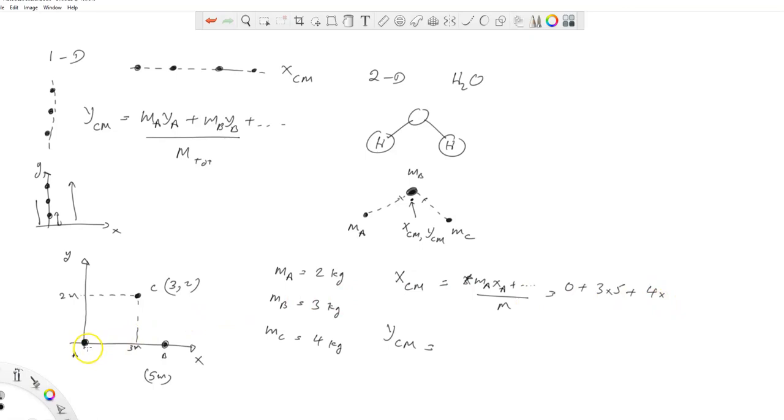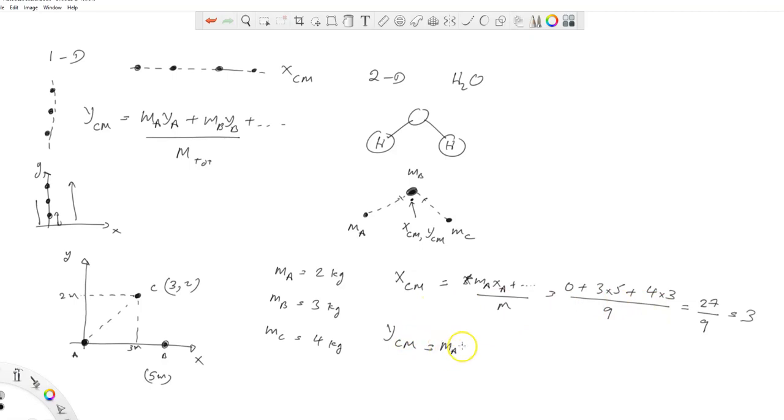It's 3 meters on the x-axis, 2 meters on the y-axis. We don't need this distance, what we need is the distance along the axis. So divided by the total mass, which is 9 kilograms, right? 2 plus 3 is 5, 5 plus 4 is 9. So we have 15 plus 12, which is 27, divided by 9, which is 3.